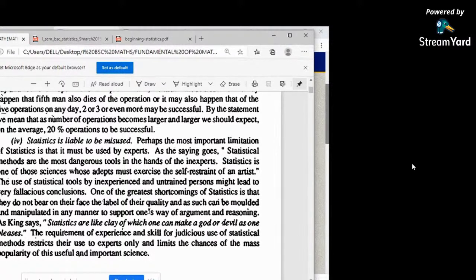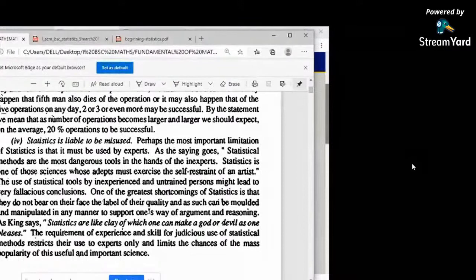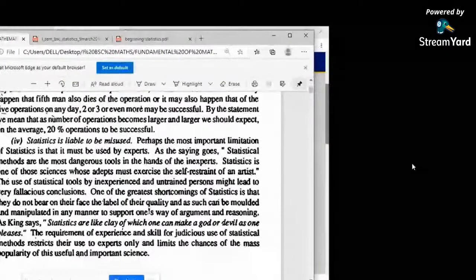That means the weight increases as height increases, but we should not interpret it as height increases as weight increases. That is a wrong interpretation. The right interpretation is that weight increases as height increases.